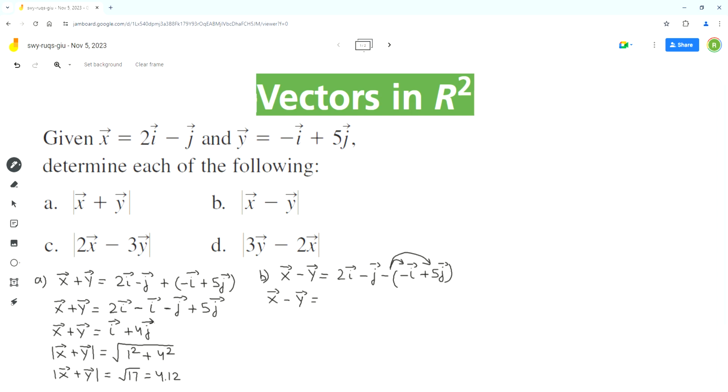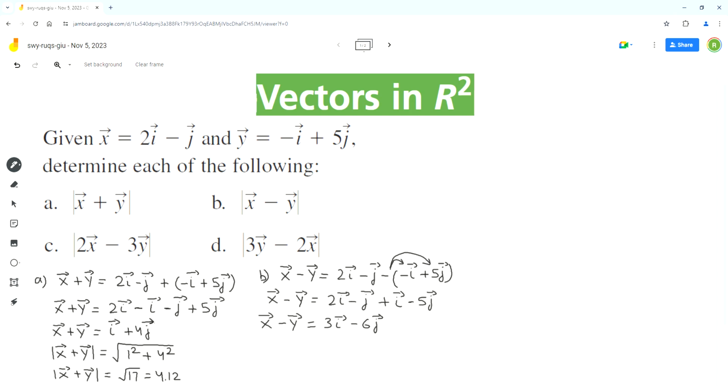So the first part will stay the same. Now we can combine the i and the j terms. So for i, we have to do 2 plus 1, which is equal to 3. And for j, we have to do negative 1 minus 5, which is equal to negative 6.